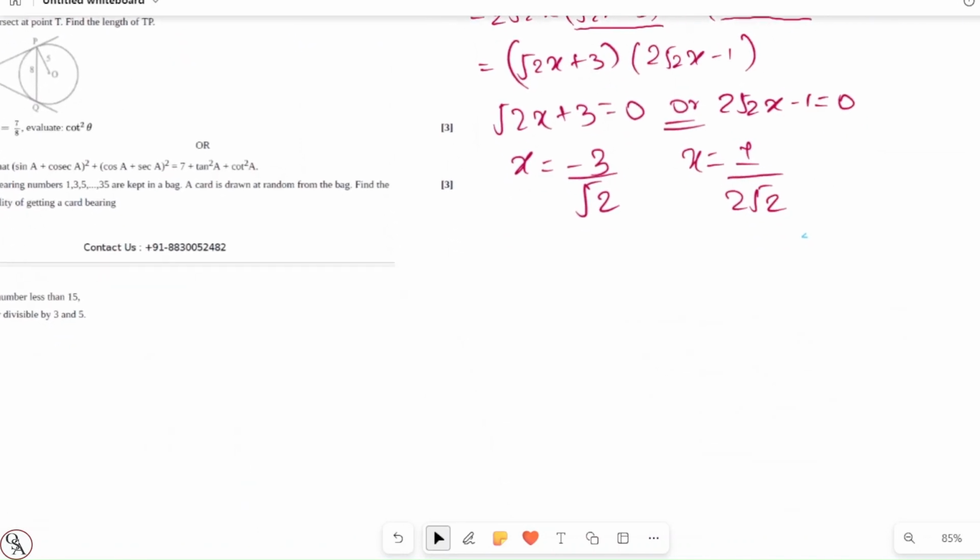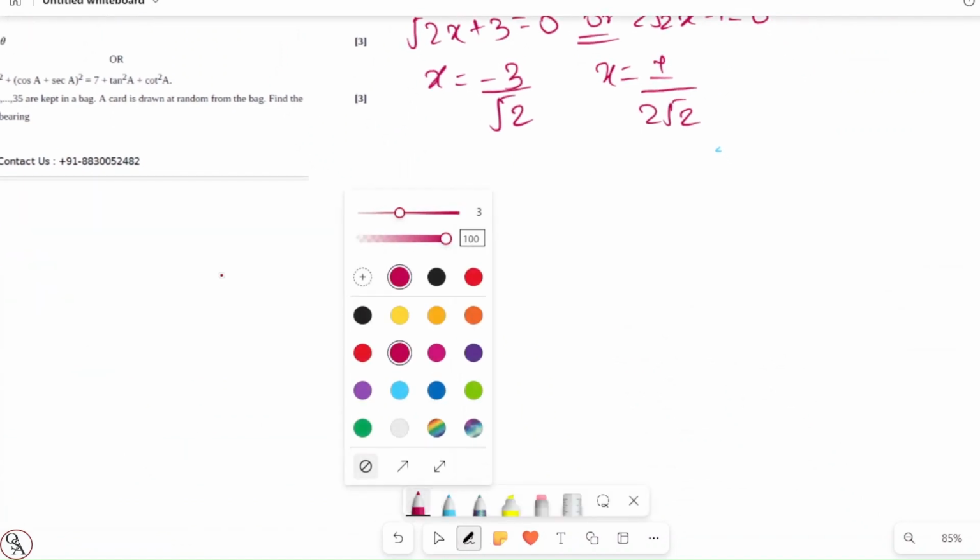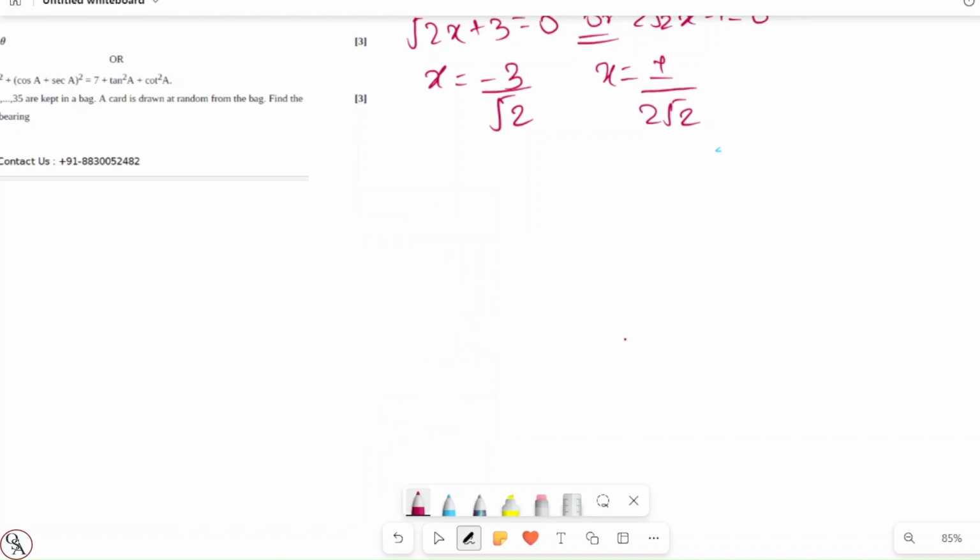Now we will check the relationship between these. The sum of the zeros, alpha plus beta, is nothing but minus b by a.